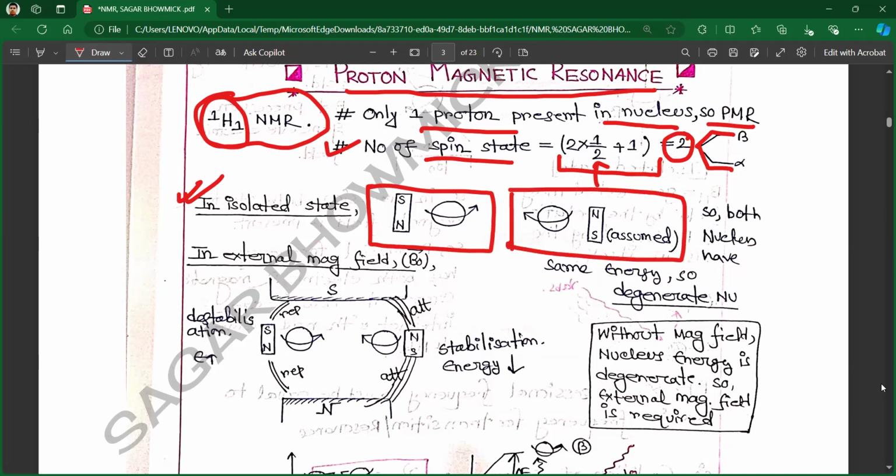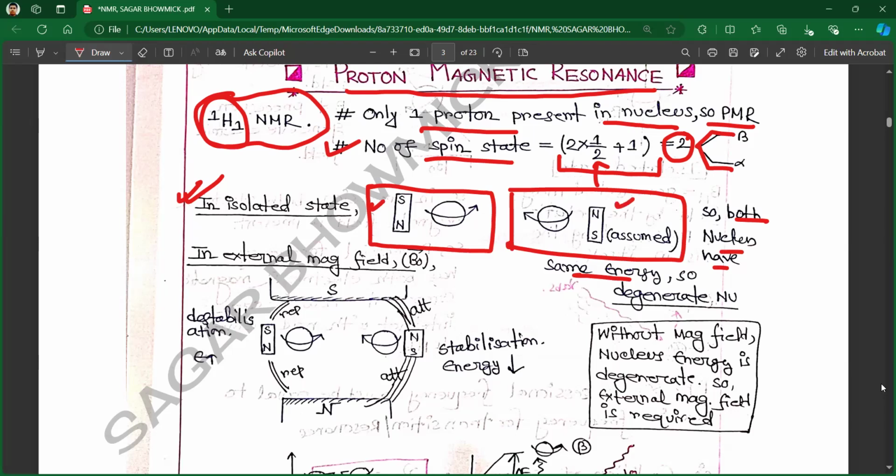If rotating in this direction generates a magnetic field like this, upper portion south, lower portion north, then opposite rotation will give the opposite type of magnet. So both nuclei have the same energy. This one and this one will have the same energy.